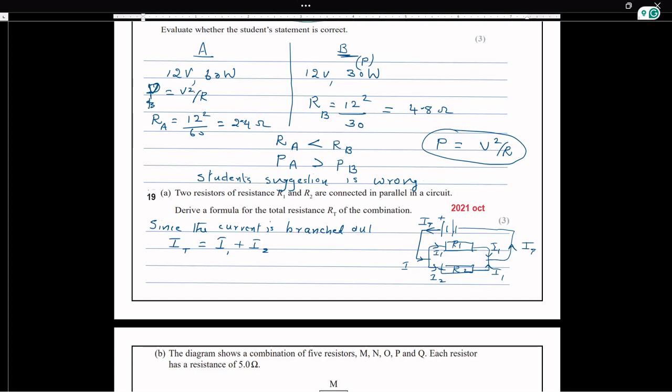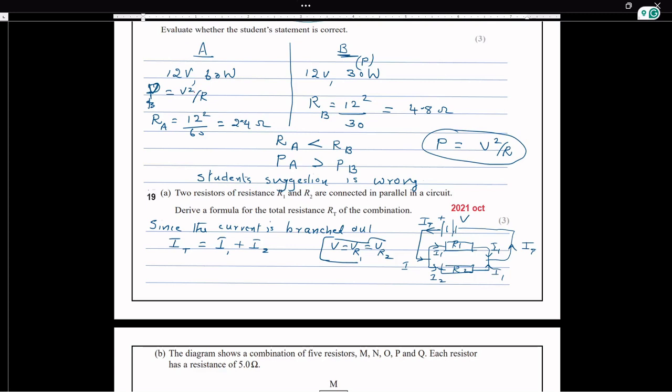And also we know that V is the same across the parallel branches. So we know that the battery voltage is the same as the voltage across R1, and it is also across R2, because it is a parallel connection. This is the battery voltage. So we know what is voltage, we know what is resistance.